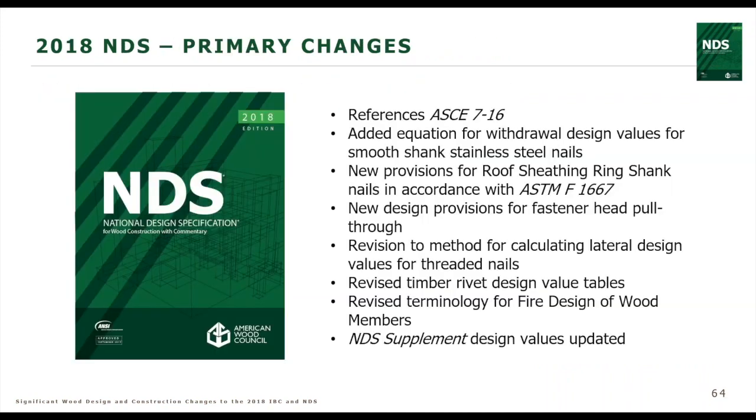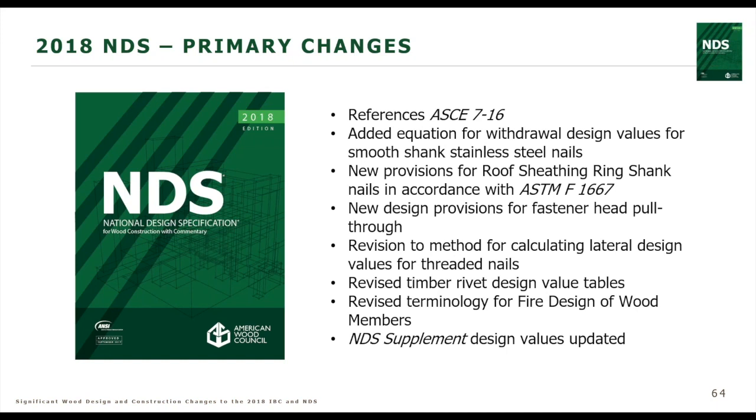So the primary changes in the 2018 NDS are listed here. The biggest one, as Michelle mentioned, is probably the reference of ASCE 7-16, updating that reference from ASCE 7-10 as it was in the previous version of the NDS. We also, kind of tying in with that, added some new provisions and some updates for different types of fasteners.